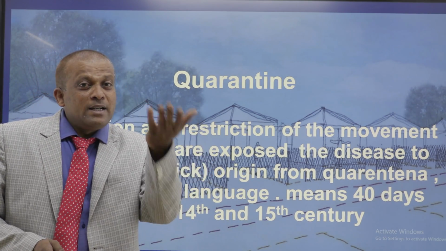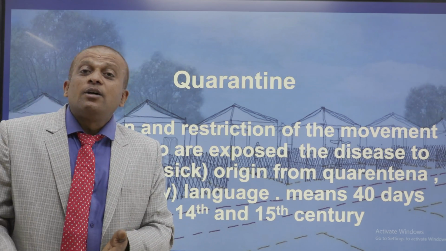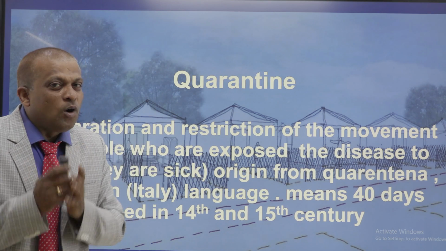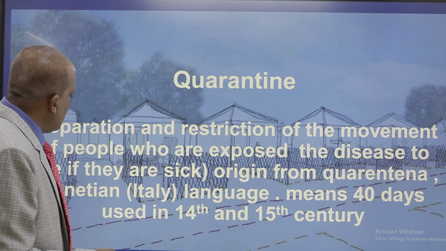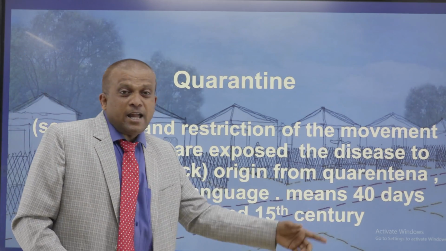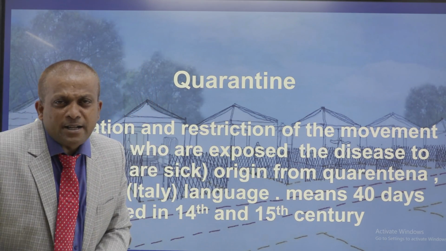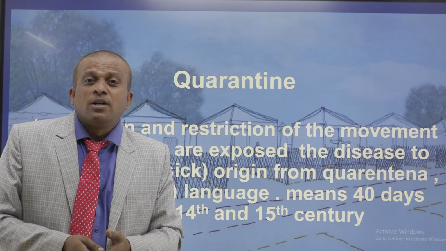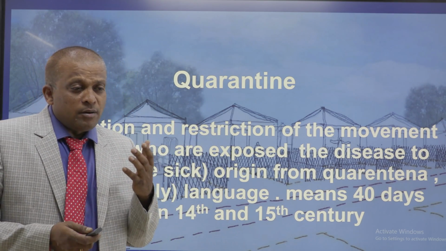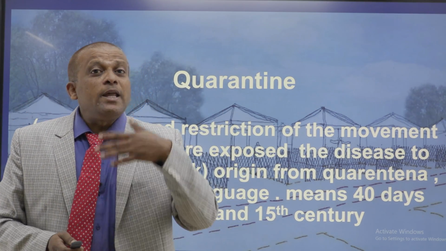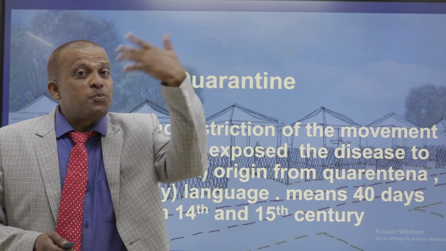Some people are quarantined, some people self-quarantine themselves. So, quarantine is a word derived from the Venetian language, which means 40 days. I think you have read that earlier in the olden periods, people used to stay away for 40 days of time when the plague used to spread.